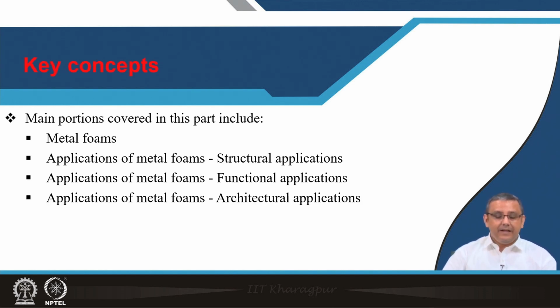This lecture is the first lecture where we study cellular solids. The main portions covered in this lecture include the basic idea about metal foams, and applications of metal foams for structural, functional and architectural purposes.